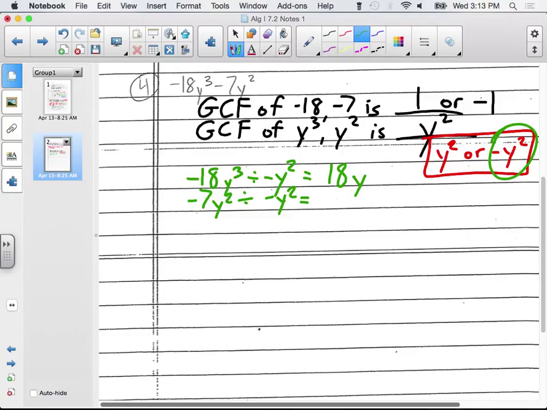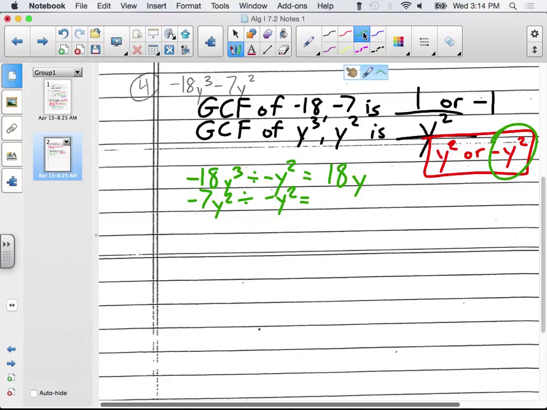Well, just like we've been doing all over here, pretend these are y's. So y times y times y, y cubed, upstairs. Y times y downstairs. Two of them cancel out. So what are we left with? Just y. Why is it positive? Because it's negative divided by negative. There you go.